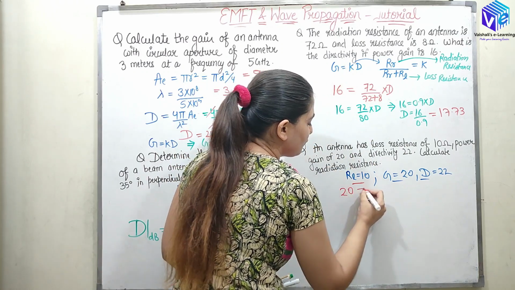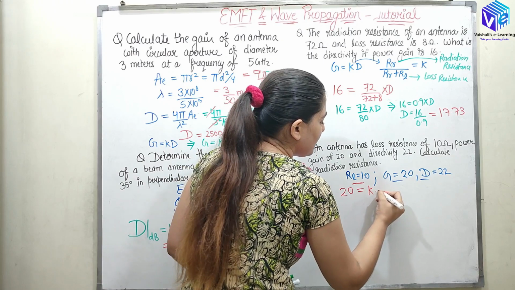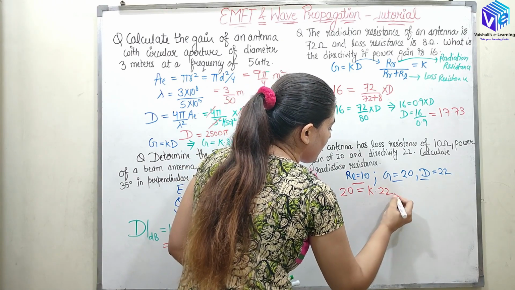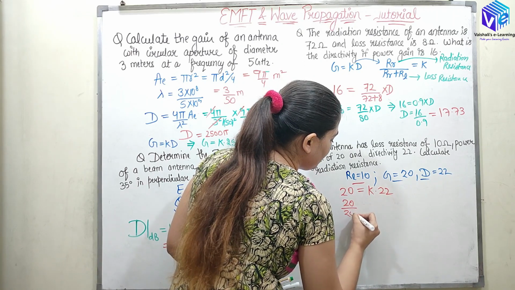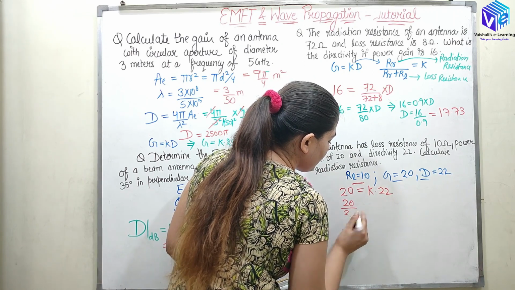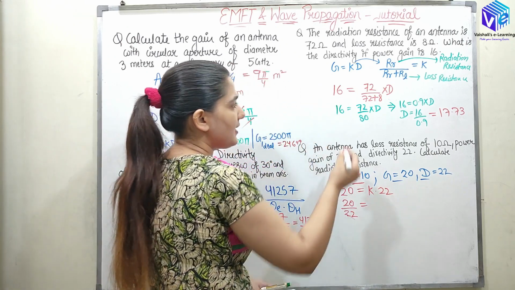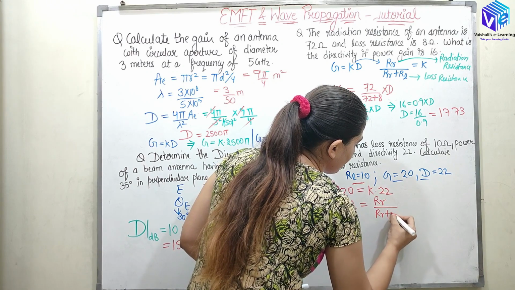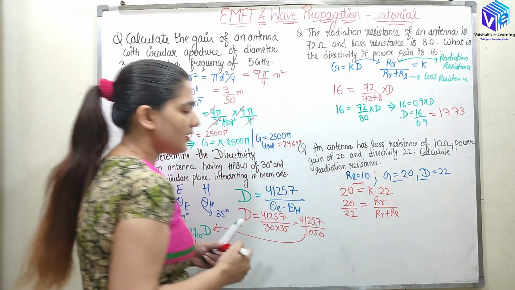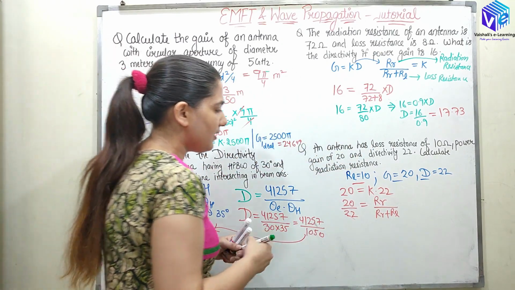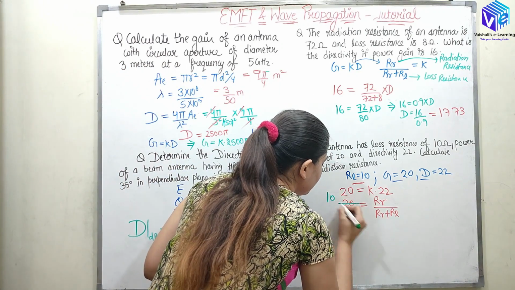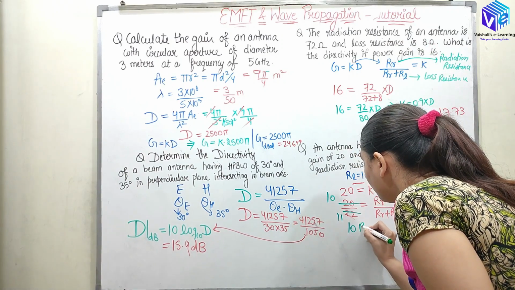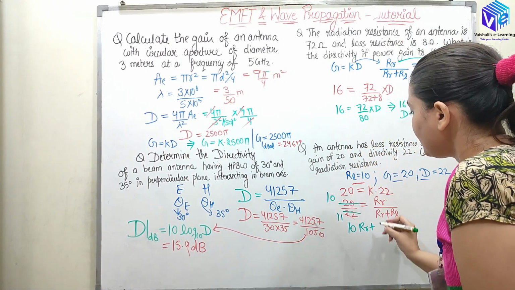So now here I know this formula, again I will be using. Gain is equal to 20 is equal to K into directivity, which is 22. Okay, so now here 20 upon 22 will be equal to K. And what was K? I already told you, it is equal to RR upon RR plus RL. Okay, so now it's just a simple formula and I can calculate it. So here I will be having 10 of RR plus RL is 10.